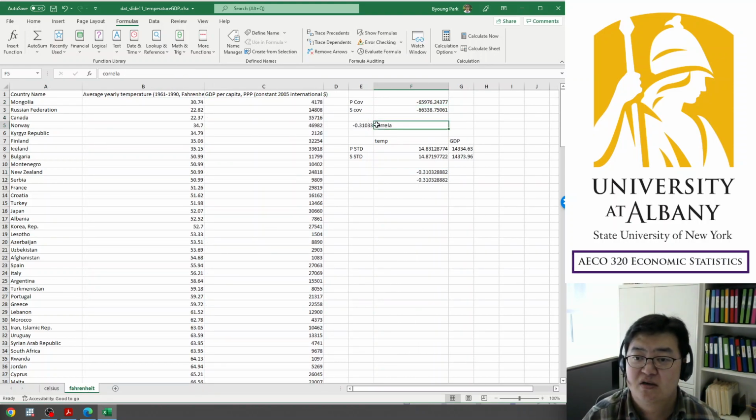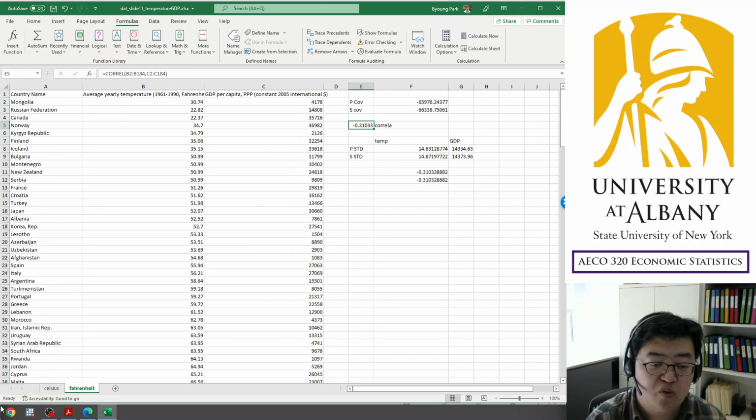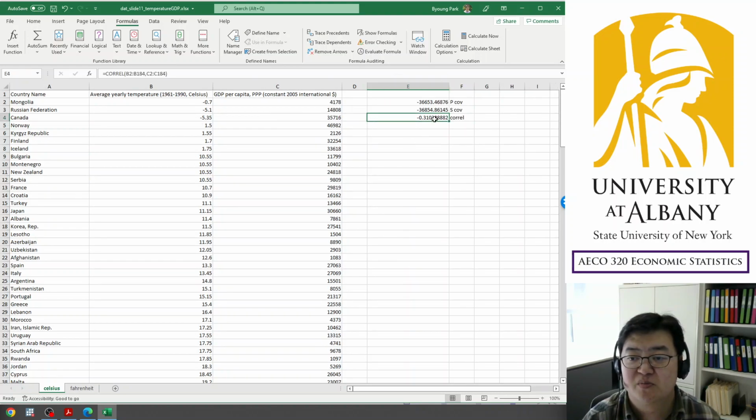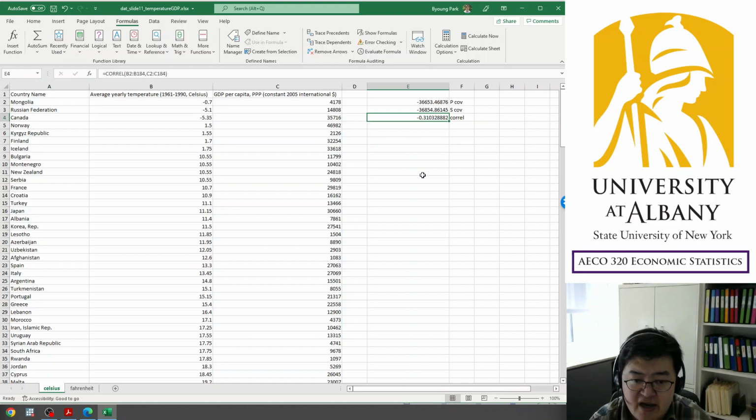So as you see, correlation coefficient minus 0.310, minus 0.310, and the decimal places are the same. So this Excel experiment can show you what's invariant and what is variant. So you have to understand how those measures can be interpreted and when they are used.